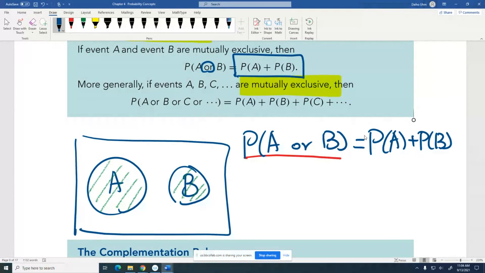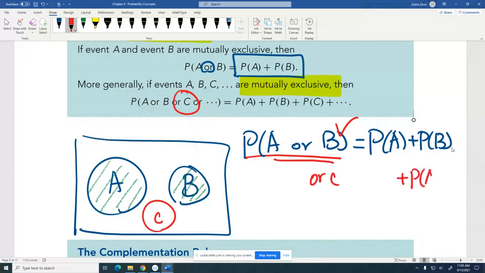Even if we have another event, C, as long as they are mutually exclusive, then for A or B or C we simply add one more individual probability: probability of A plus probability of B plus probability of C. So it is the special addition rule for the probability of A or B.